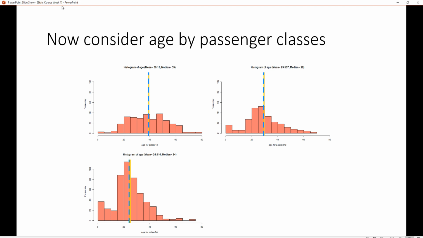I didn't report the five-number summary or standard deviation in this slide, but in a proper assessment, we would consider both the center, which we have here represented by the vertical bars, as well as a measure of variability such as the interquartile range or the standard deviation.